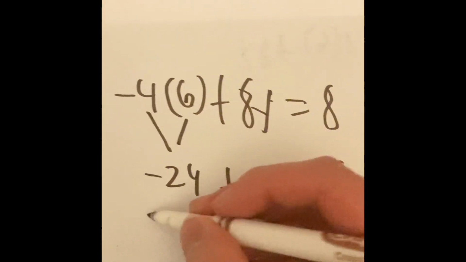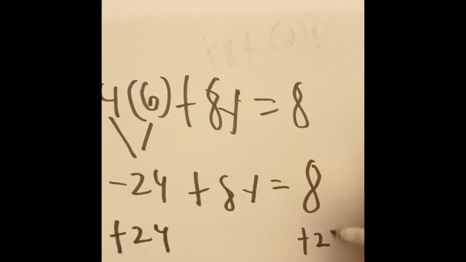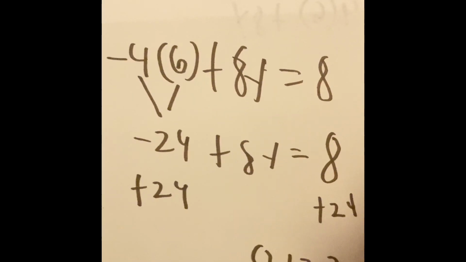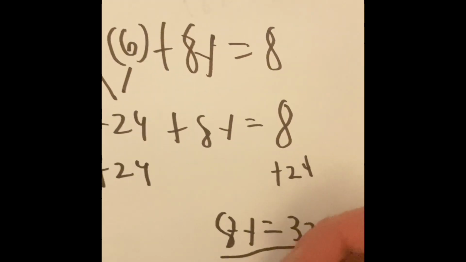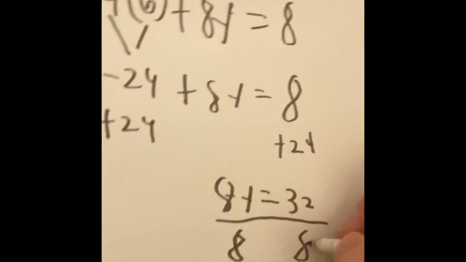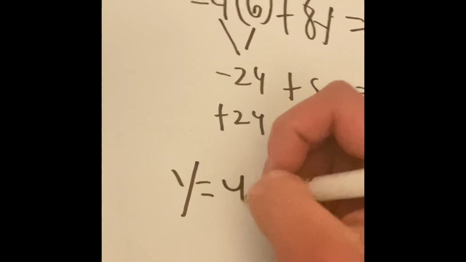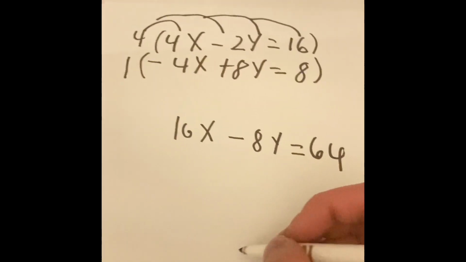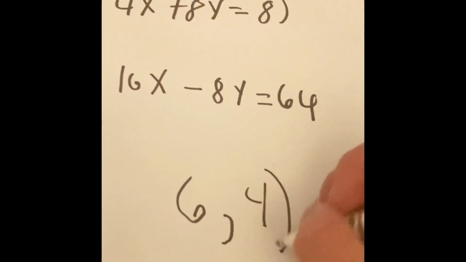Then we add 24 to both sides, so we get 8y equals 32. Divide both sides by 8 to get y alone, and 32 divided by 8 is 4. So y equals 4. That is our answer for x and y: 6, 4.